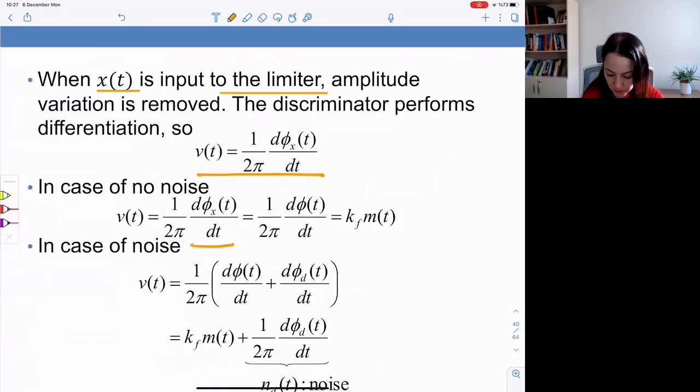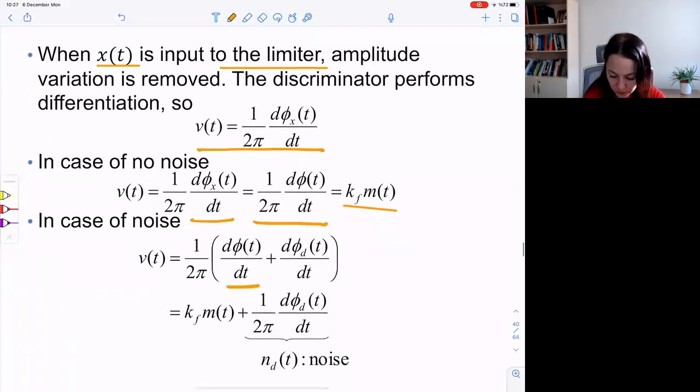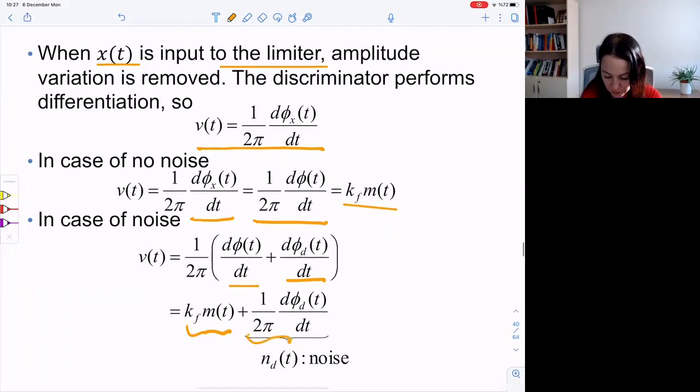So the derivative of phi x is the derivative of phi, which is kf m of t. In the case of noise, we are differentiating phi plus phi d. The first term is going to give kf m of t. The second term is going to give us the derivative of phi d. What do you see here? Additive noise.